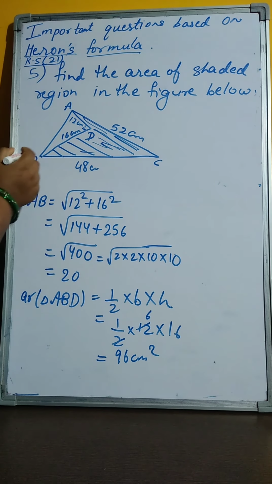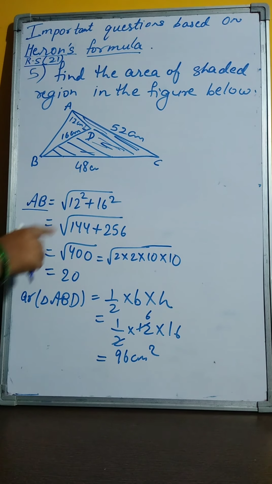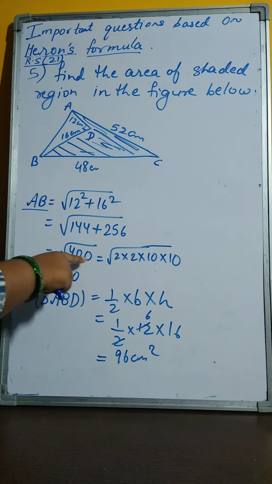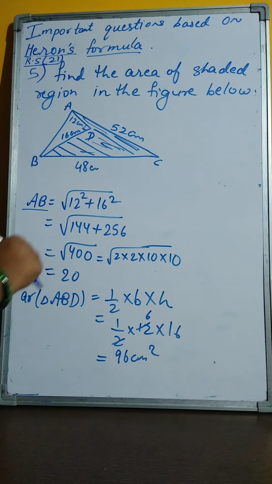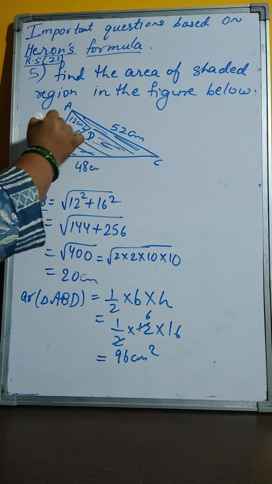The side opposite to the right angle is hypotenuse, means AB is hypotenuse for the triangle ADB. So AB we can calculate by under root 12 square plus 16 square. 12 square is 144, 16 square is 256, which is under root 400, which is coming out as 20 centimeters. So we got AB as 20 centimeters.